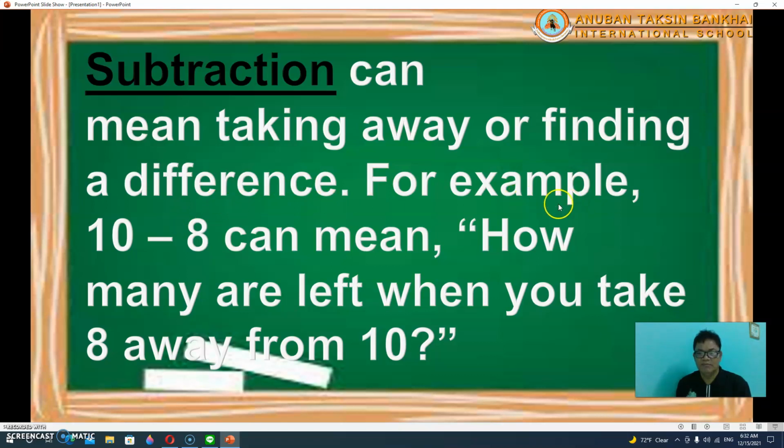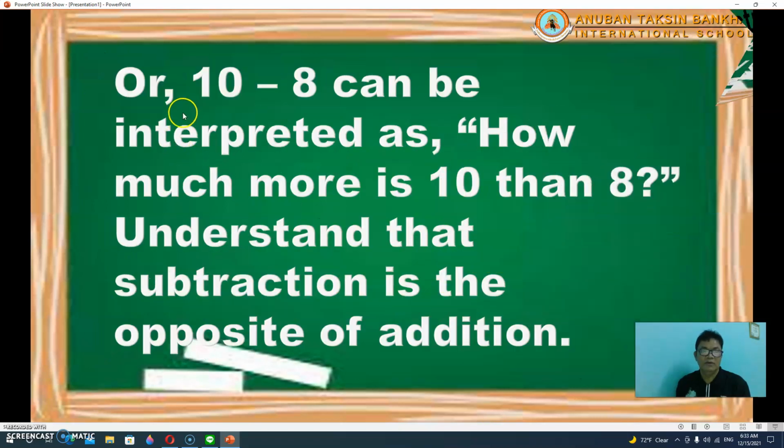For example, 10 minus 8 can mean how many are left when you take 8 away from 10. Or 10 minus 8 can be interpreted as how much more 10 is than 8.